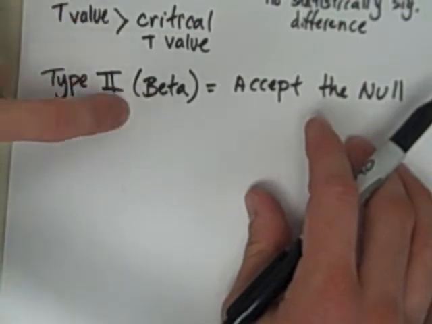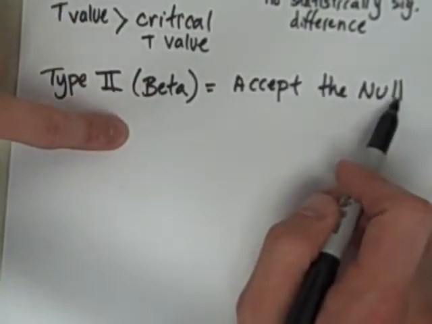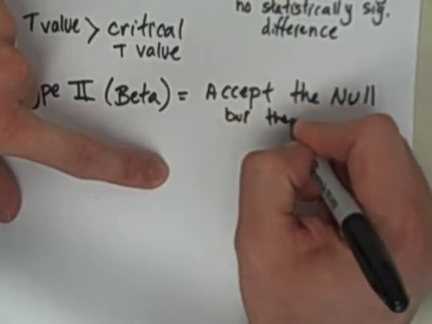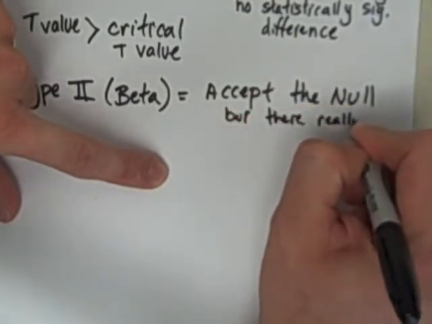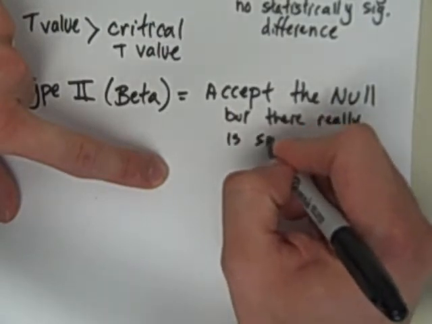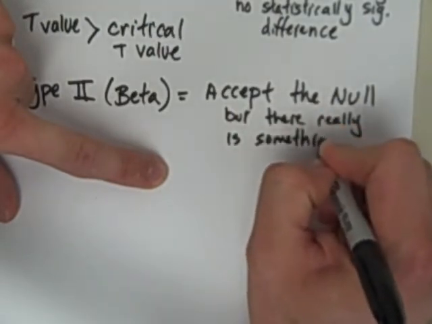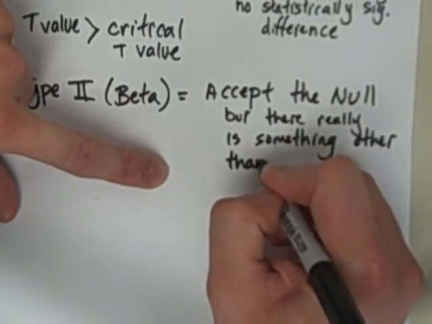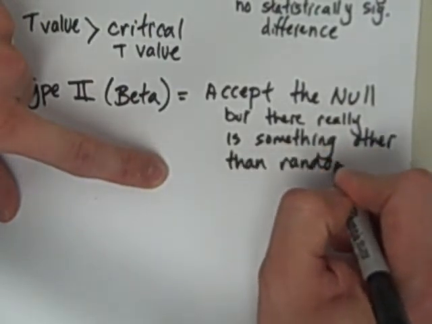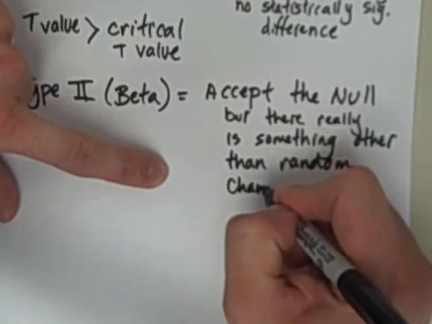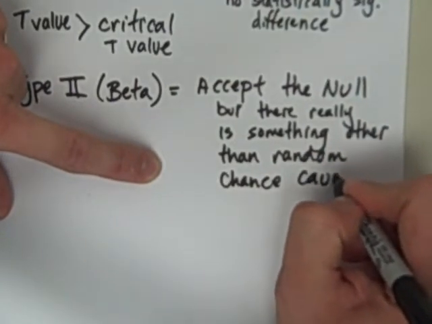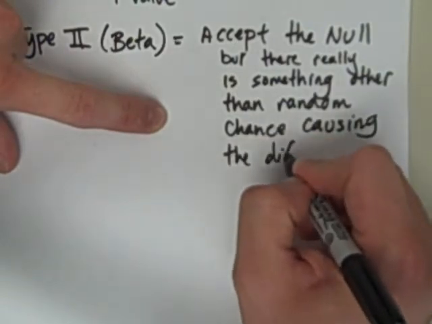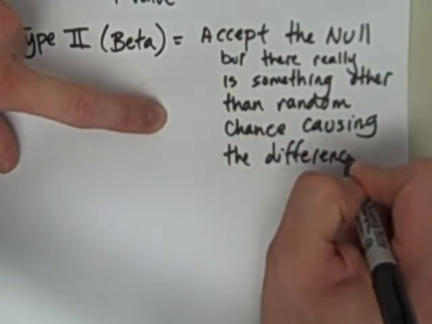However, when I commit a beta error, I'm accepting the null, but there really is something other than random chance causing, sorry about my handwriting, guys, the differences. And I want to make sure that this makes good sense.